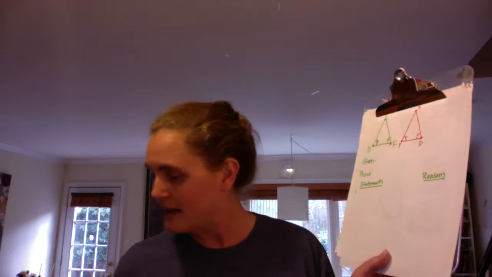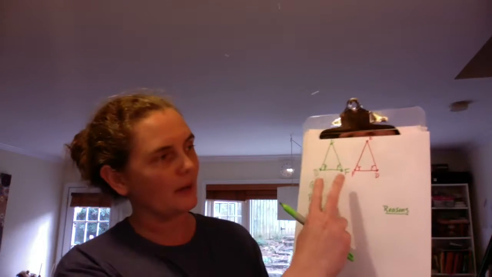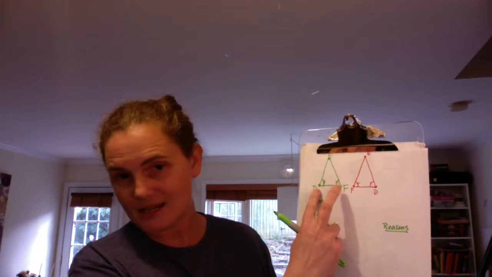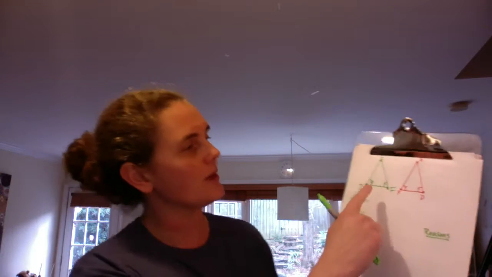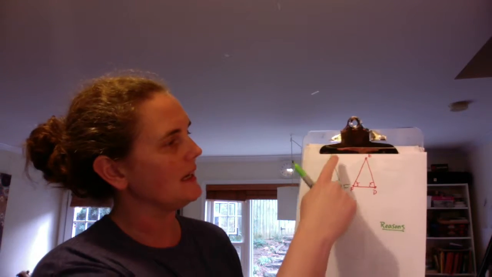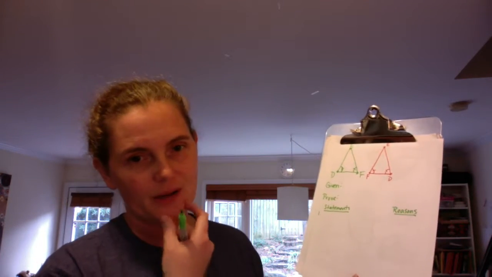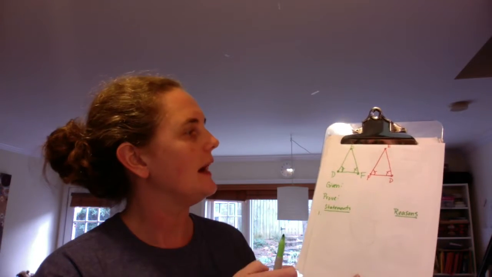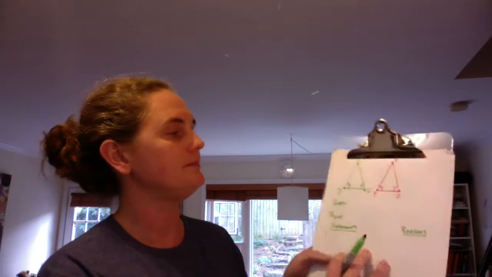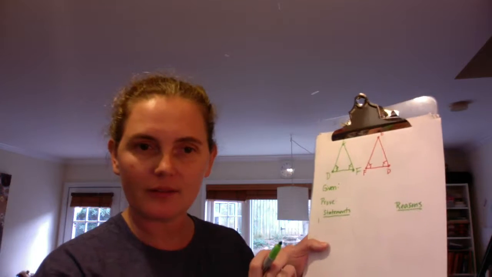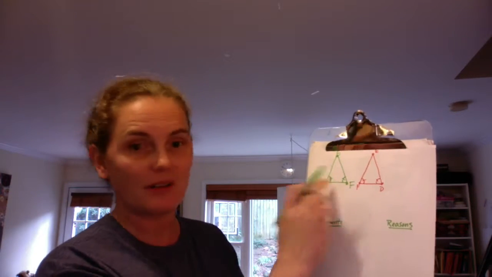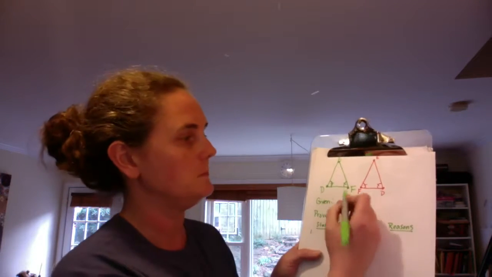So what are we trying to show here? If two angles of a triangle are equal, I've got them right here. If D and F are equal, then we're trying to show that ED and EF are also equal. What are we given? First thing we're given is triangle DEF.